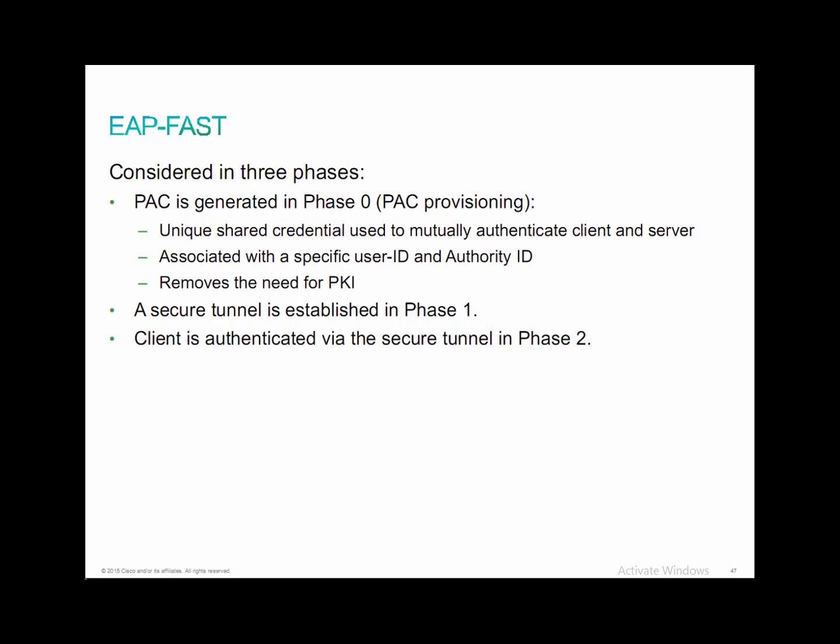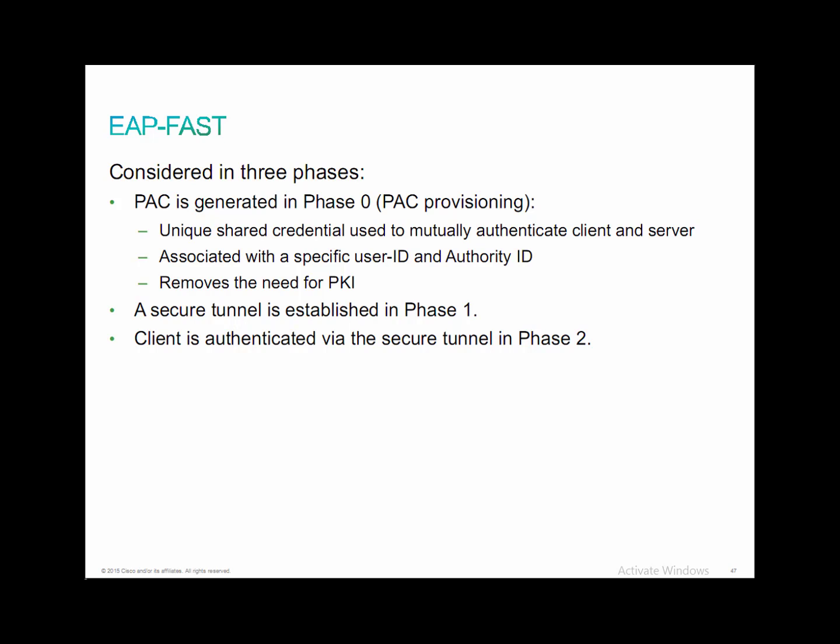There are actually three phases of operation in EAP-FAST: Phase 0, Phase 1, and Phase 2. In Phase 0, the PAC needs to be installed on the client. That can be done manually, or it can be done via some trusted connection where the client authenticates using a different method, maybe TLS or MS-CHAP version 2.